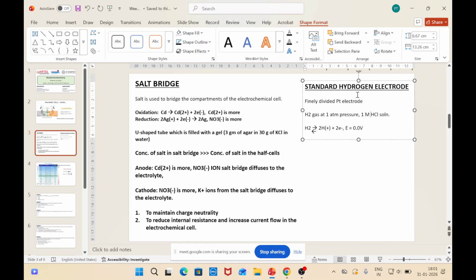So two questions: why is the platinum electrode used, and why is hydrogen kept as a standard reference for measuring the oxidation or reduction potential of other elements? Anyone?